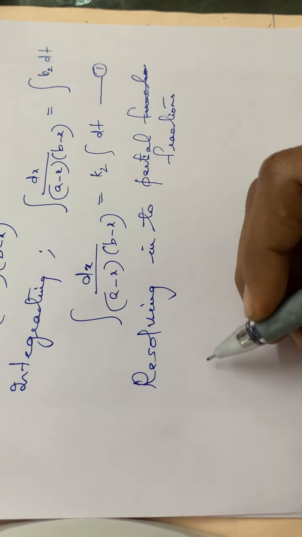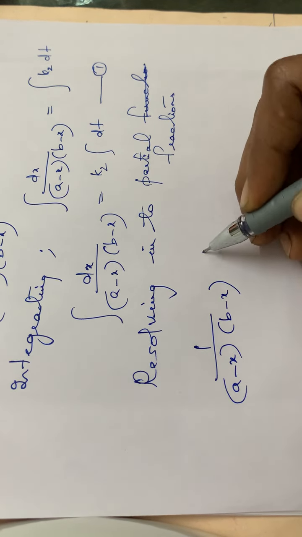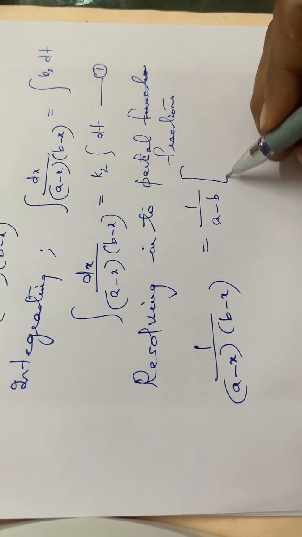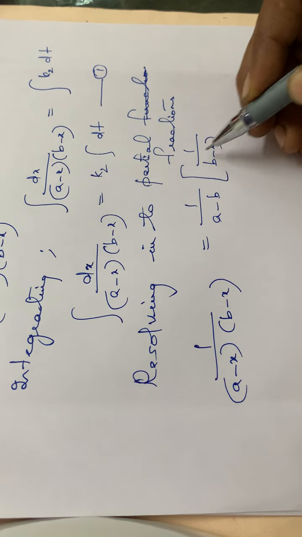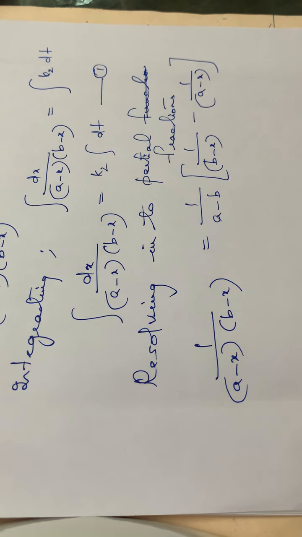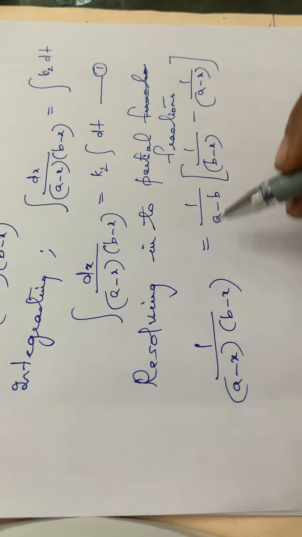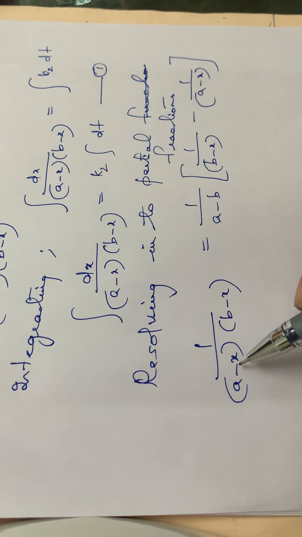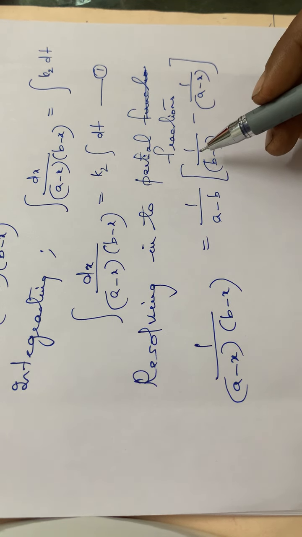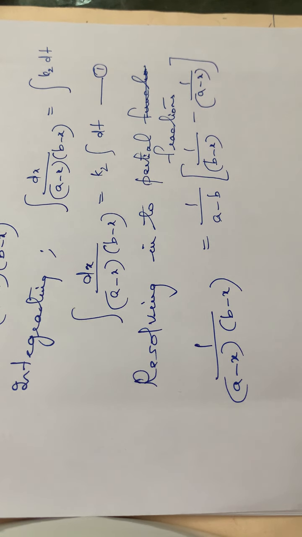See, 1 by A minus X into B minus X is equal to 1 by A minus B into 1 by B minus X minus 1 by A minus X. This is how this particular term can be resolved into partial fractions.